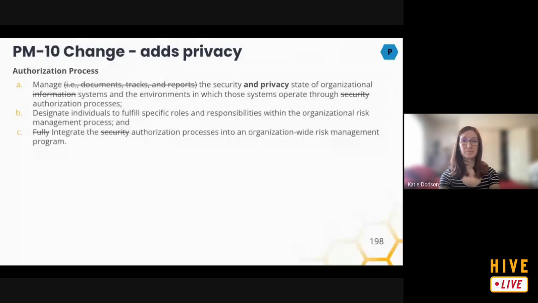PM10, manage the security and privacy state of organizational systems and the environments in which those systems operate through authorization processes, designate individuals to fulfill specific roles and responsibilities within the organizational risk management process, and integrate the authorization processes into an organization-wide risk management program.